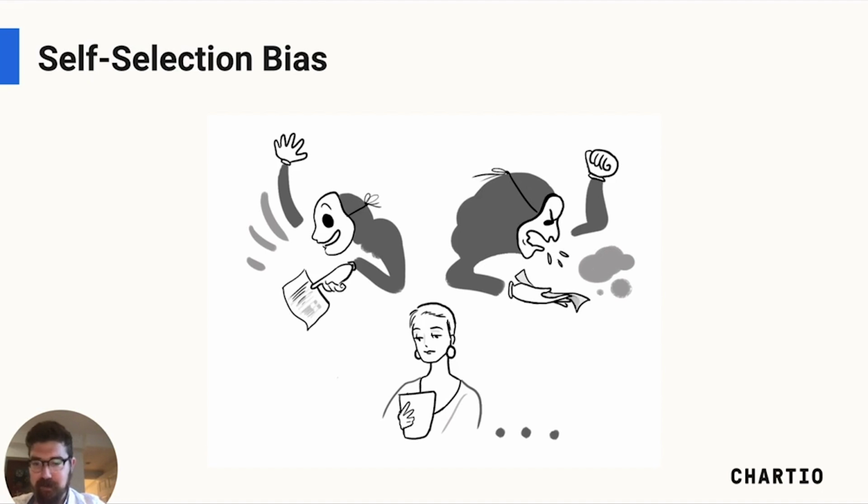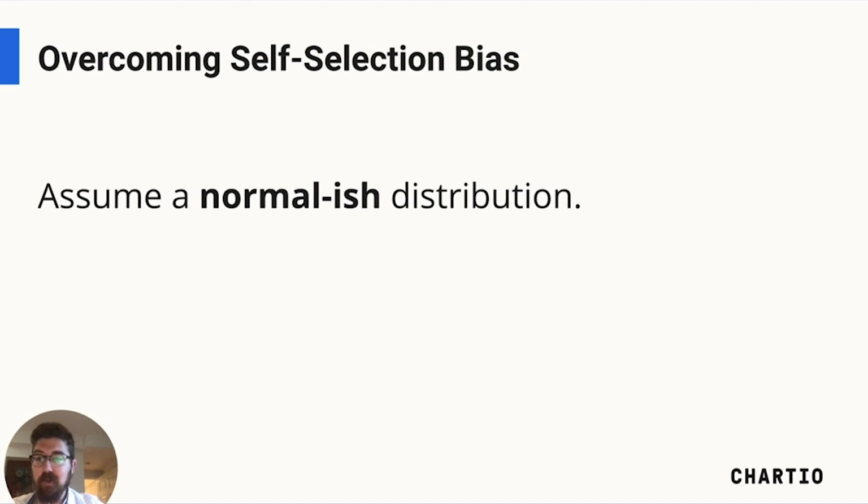You can't control who all is going to respond to your surveys, but you should assume that they are on the fringes, and that you have this silent majority that is probably somewhere in the middle. So my advice is to assume a normal-ish distribution, and if people are mad, they're more likely to respond.